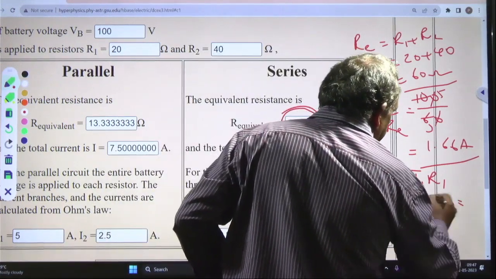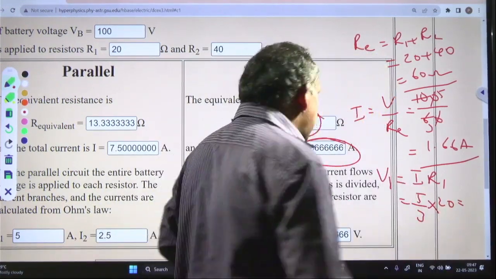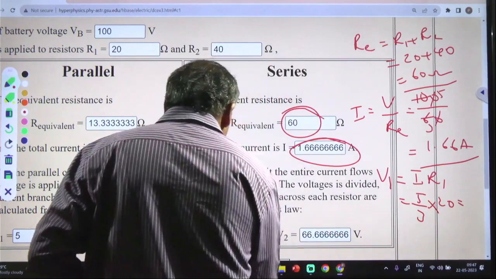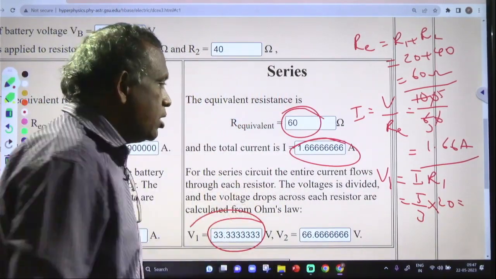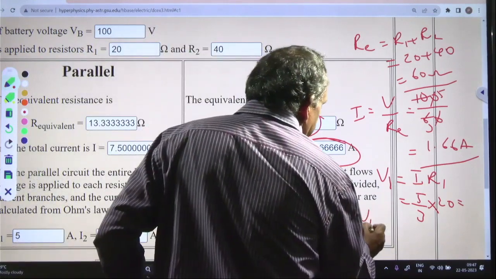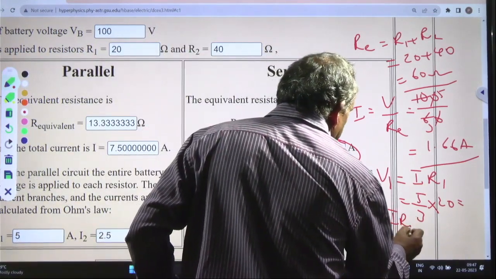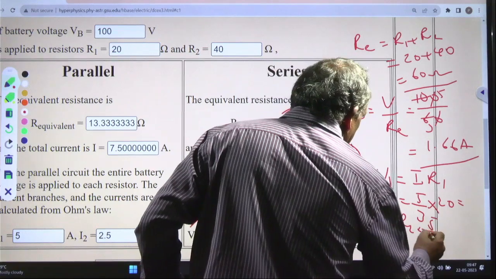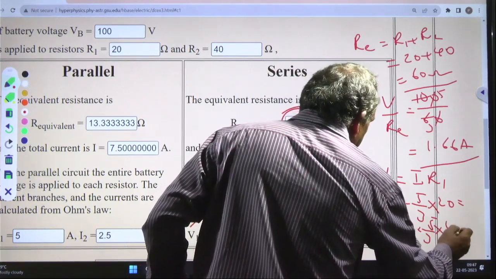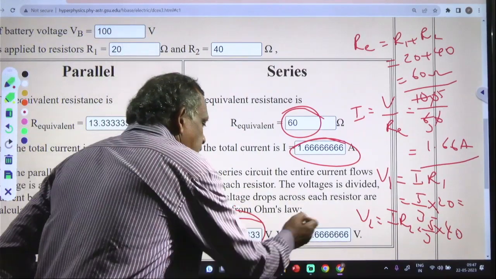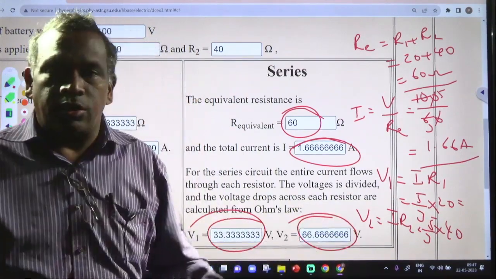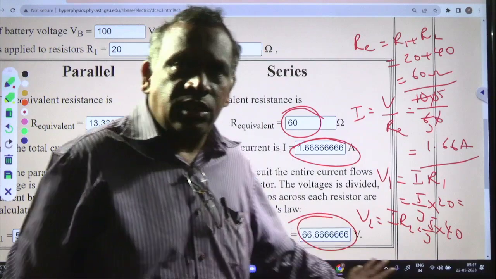It means 20 into 5, 100 by 3. 100 by 3 is 33.33 volts. Similarly, if you try to find out V2, V2 is nothing but I R2. 5 by 3 into R2 value 40. So 5 4s are 20, 200 by 3, that is 66.666 volts. In series connection, these are the answers.